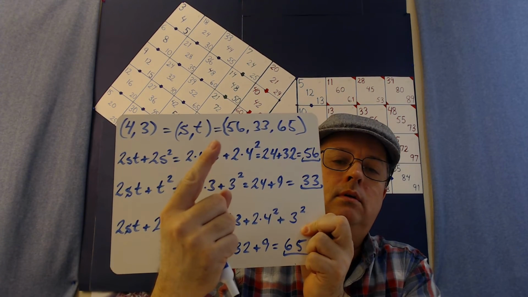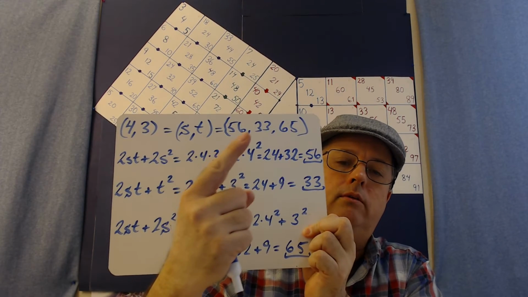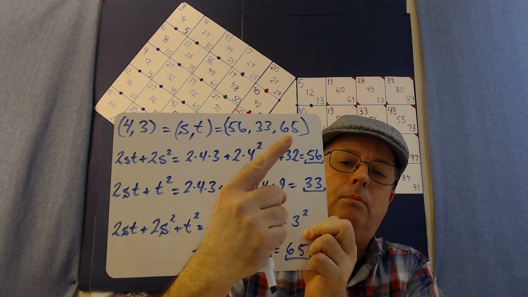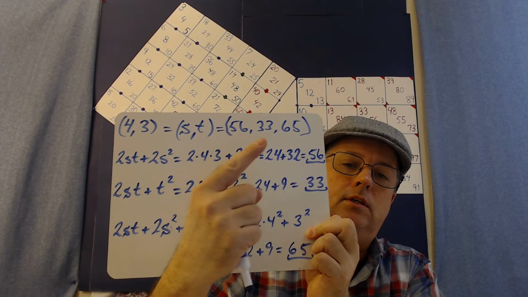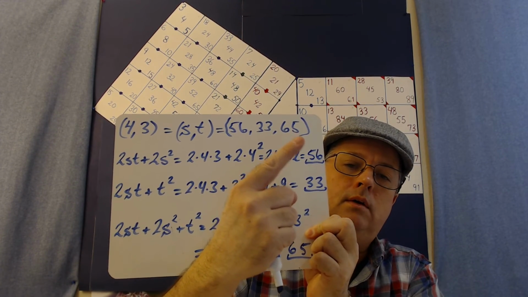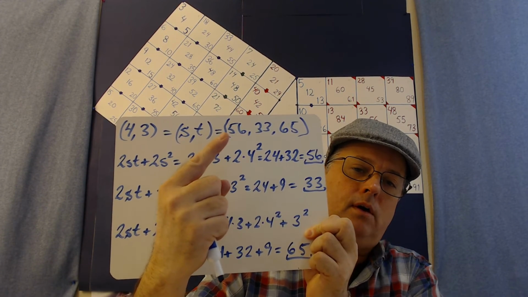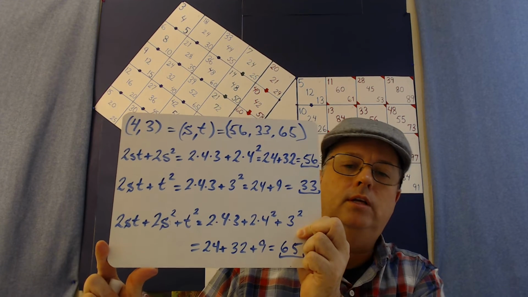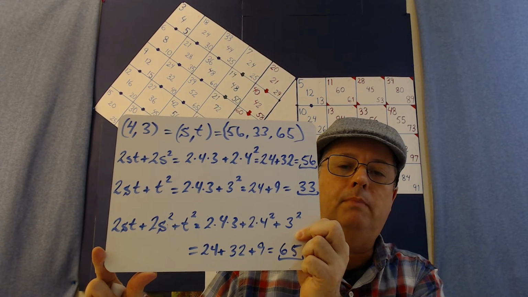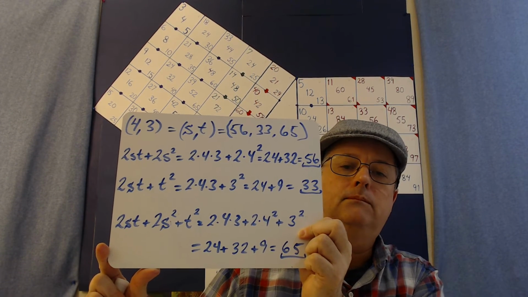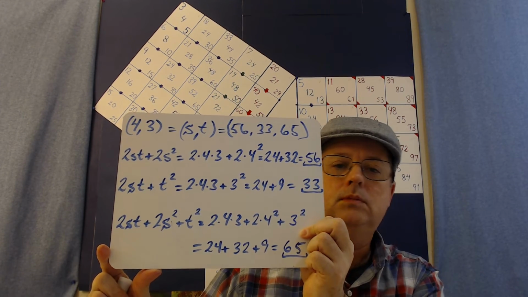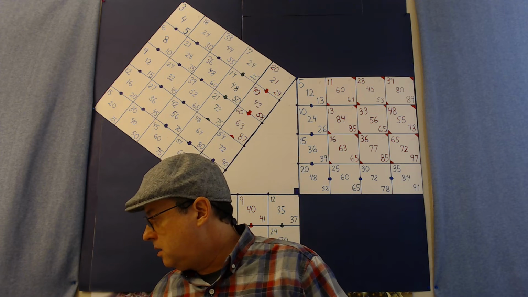We'll do a video on palindromes later on. And here's a palindromic Pythagorean triple, 56, 33, 65, and reading it the other direction, 56, 33, 65. So it reads forwards and backwards the same way. Pretty cool.